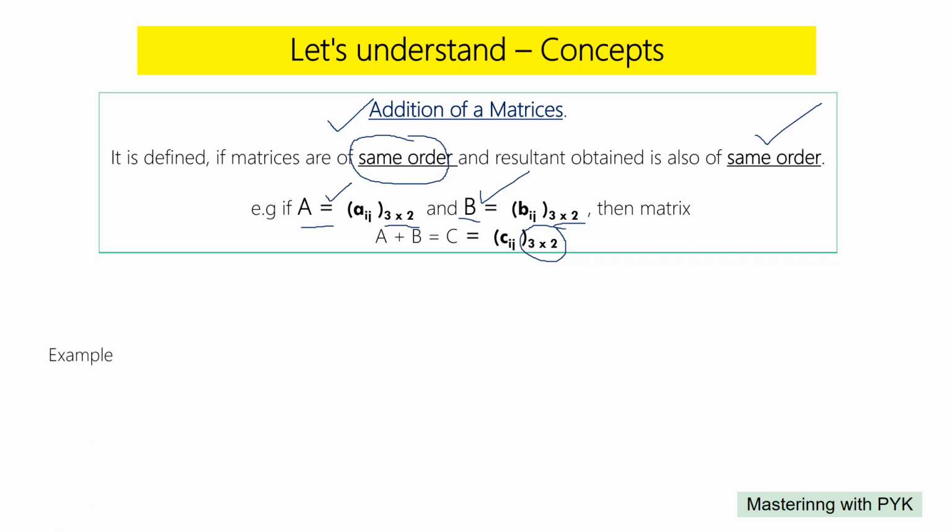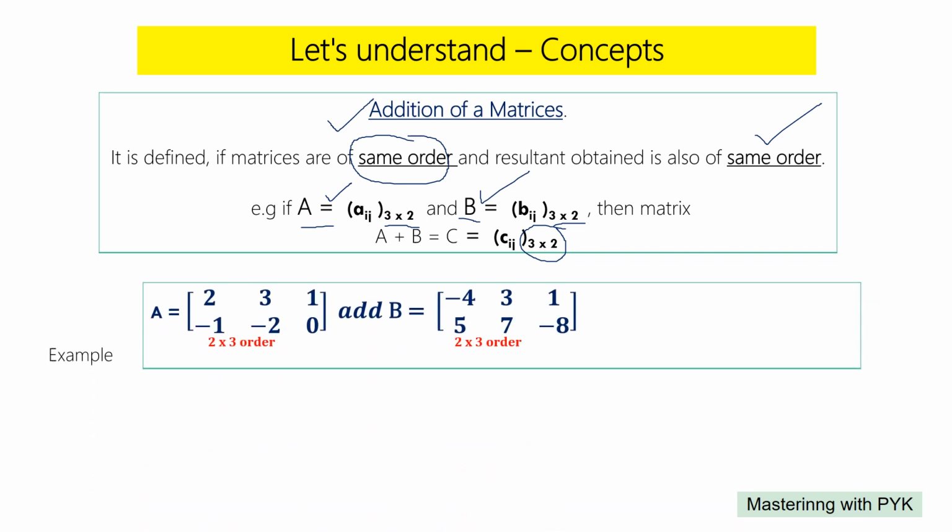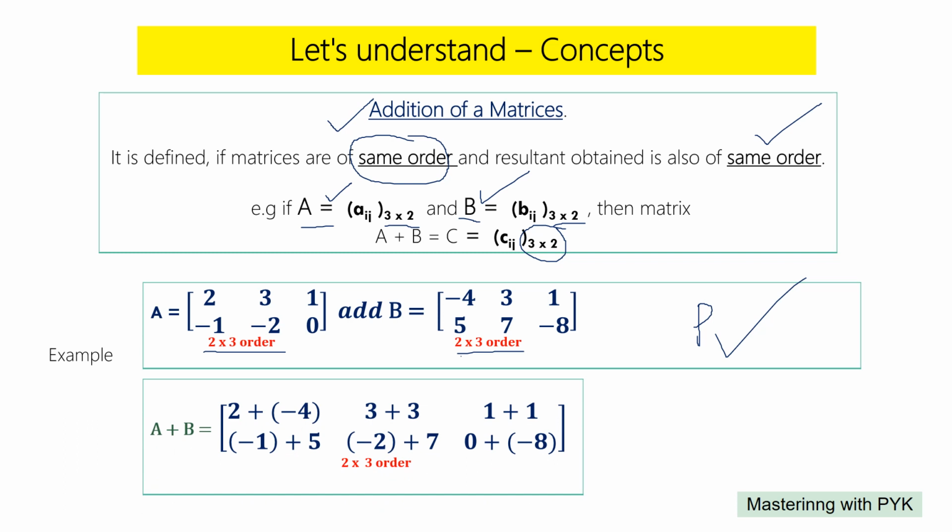Let's understand with an example. We have two matrices A and B. First we'll start with the order. The order here is 2 rows, 3 columns, 2 rows, 3 columns. So addition is possible. First we check the possibility. So it is possible. So how do we add? We add each element of their positions. So A11 will be added to B11.